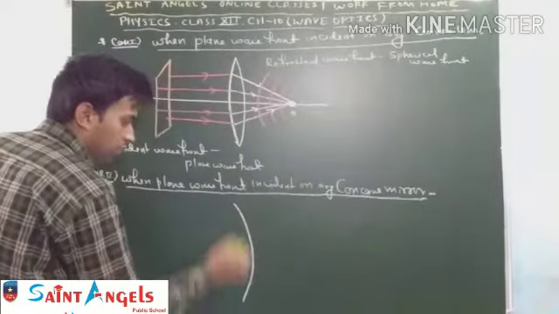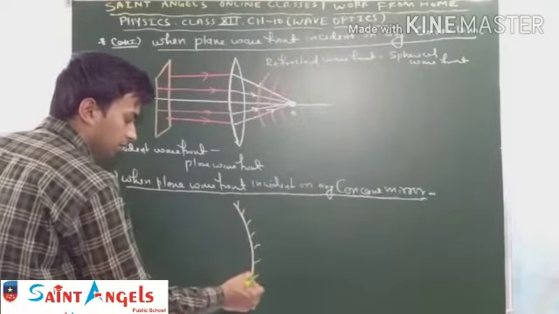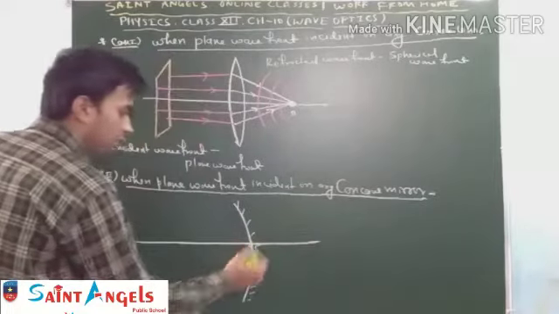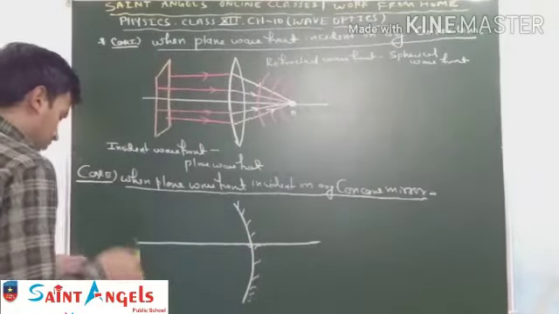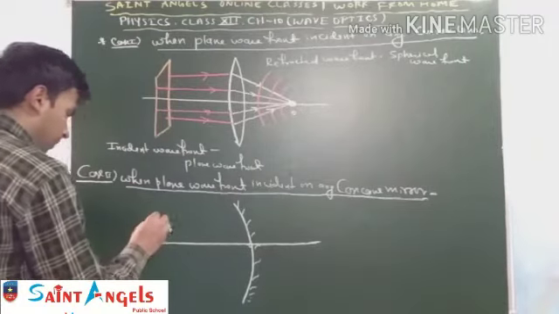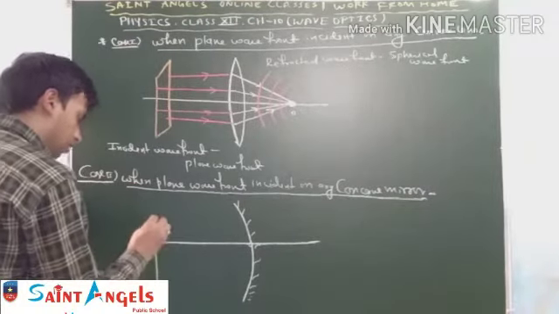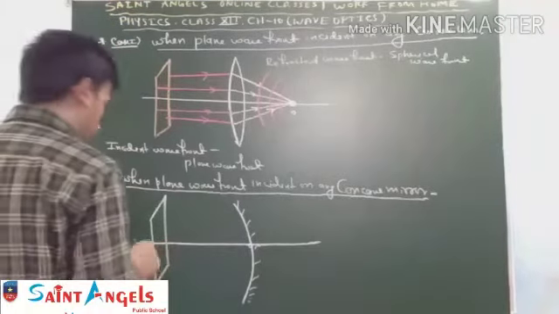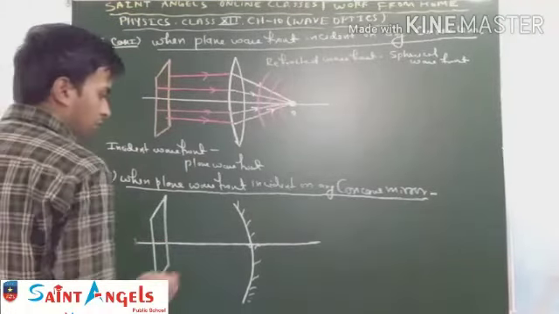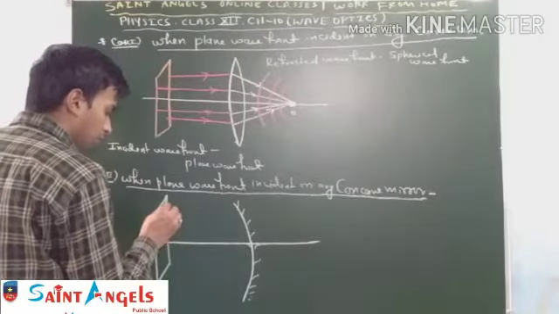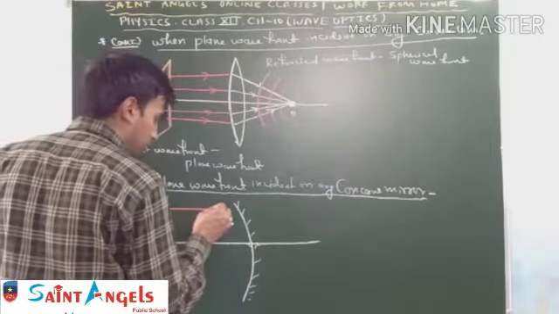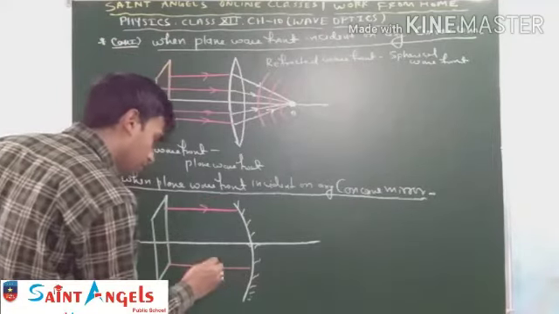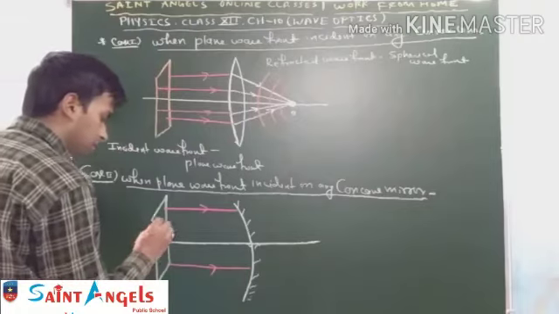Student, this is a concave mirror and this is the principal axis of the concave mirror. Consider a plane wavefront which is incident on this concave mirror. So the rays on the plane wavefront are again parallel to the principal axis.